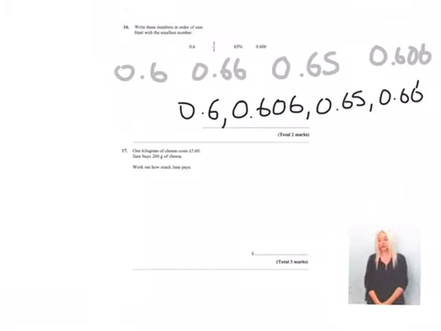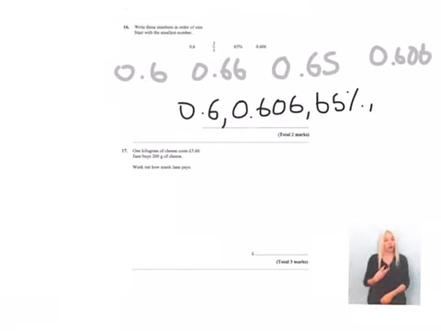So this one was this one. 0.606 was already decimal. 0.65 was actually 65%. So we can pop that back in. And then 0.66 was a 2/3. So we need to write that back in as 2/3. So you need to keep them as the same format that were given in the question.